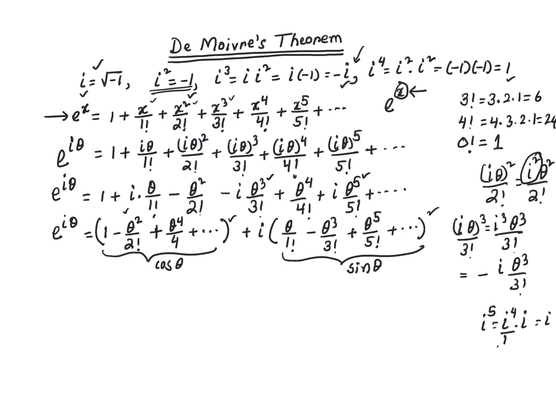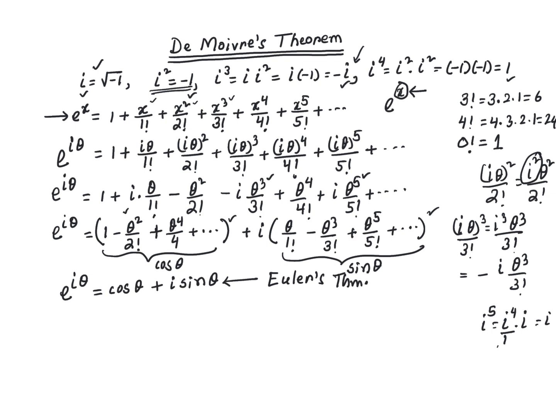This is a little bit advanced for pre-calculus. This is something we talk about in calculus too, but don't worry about it. The concept is so simple that you can easily grasp it. So now I'm going to rewrite: e to the power i theta is equal to cosine of theta plus i sine of theta. And this is called Euler's theorem.